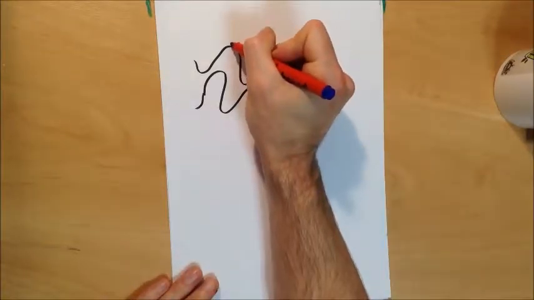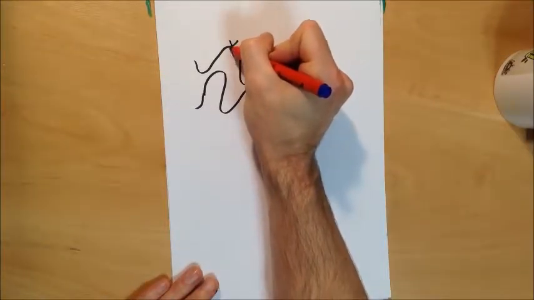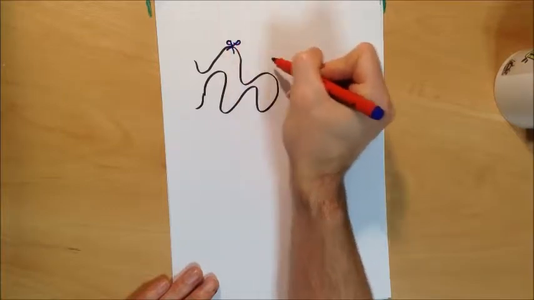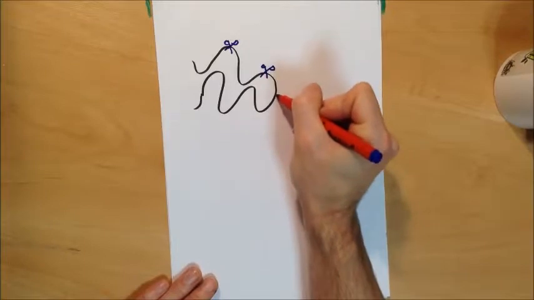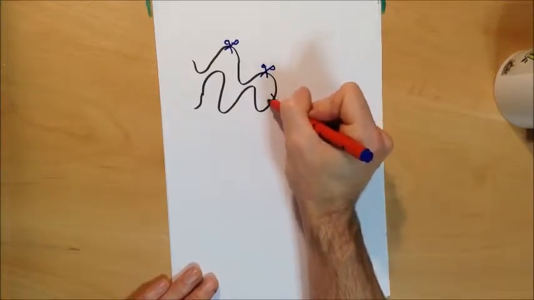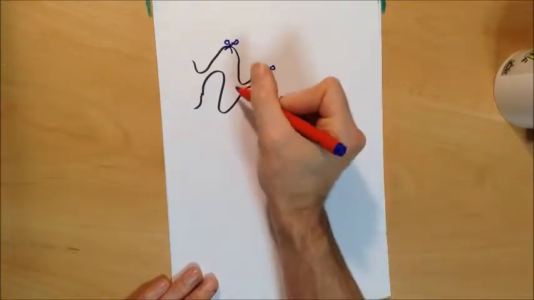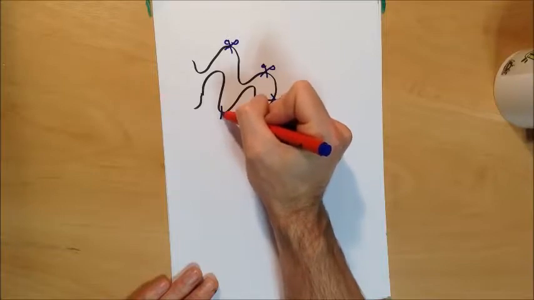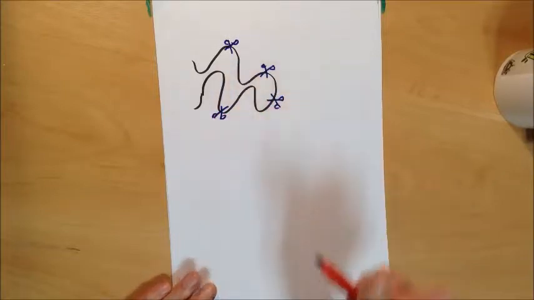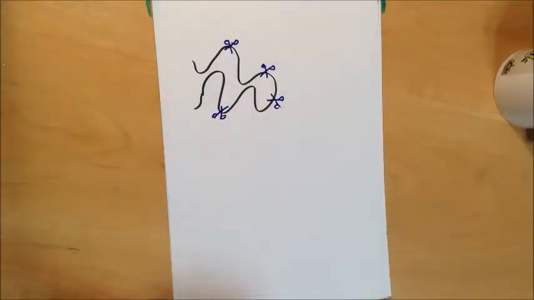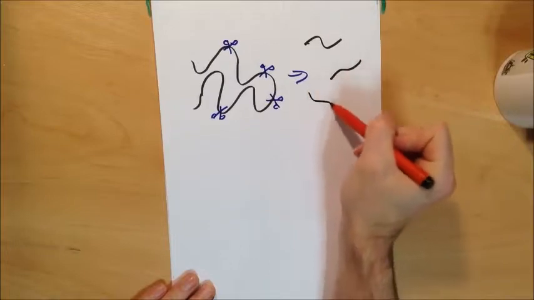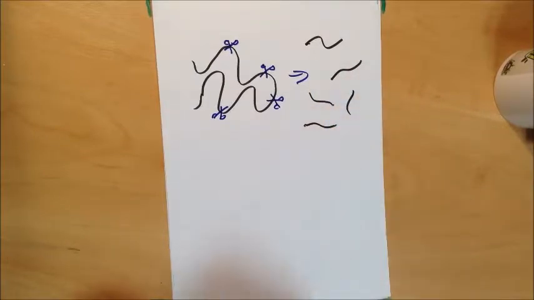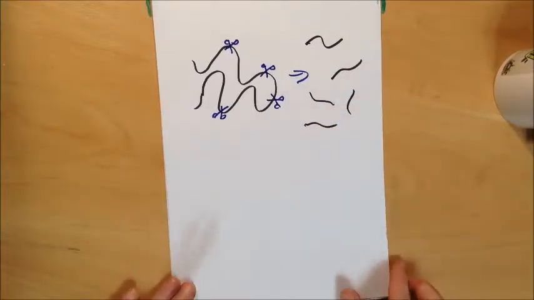So it'll cut. Let's see if I can get this right. That's not bad. It cuts the protein up basically by hydrolyzing peptide bonds between specific amino acids, and that will take you from this protein with tertiary structure to much shorter polypeptide chains. And that's what pepsin does.